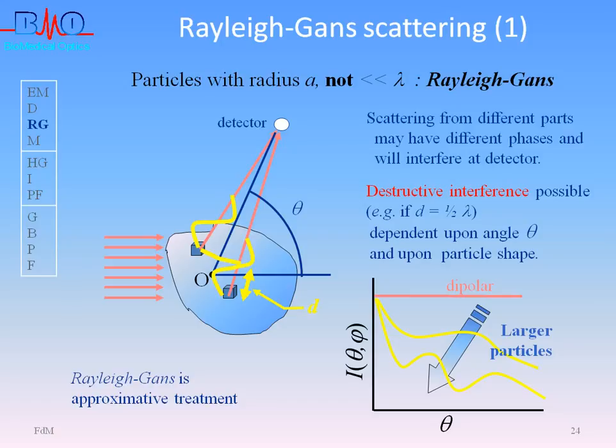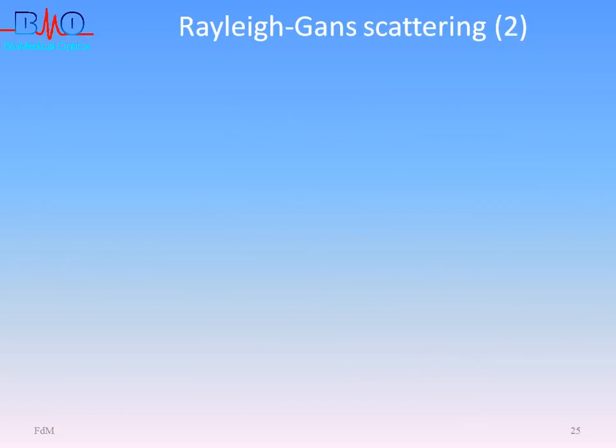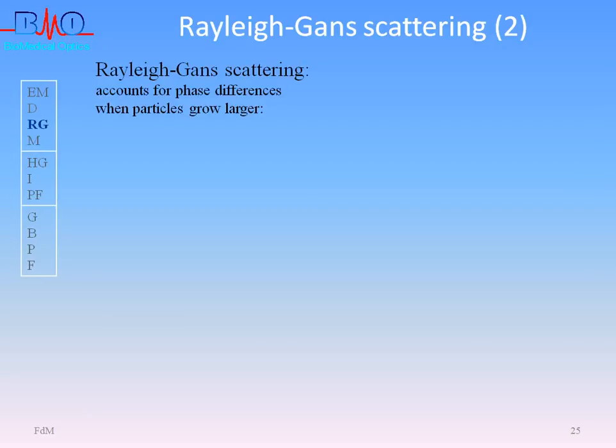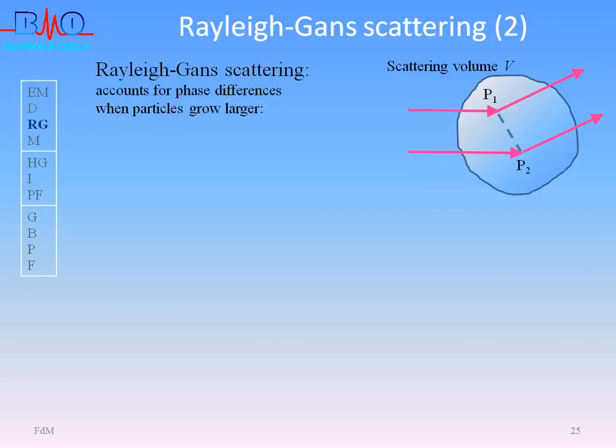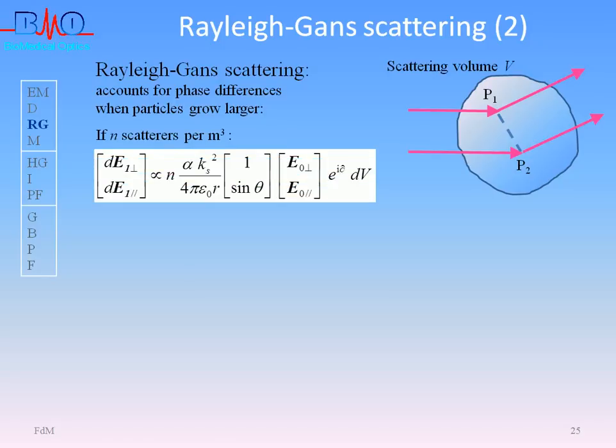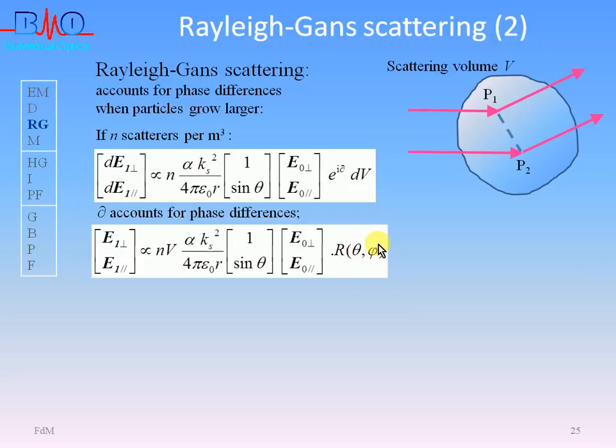And please note that Rayleigh-Gans is an approximate treatment. Rayleigh-Gans has phase differences when the particles grow larger, and when we have n scatterers per cubic meter, then we had this formula here, and now there is an extra factor, and that extra factor accounts for the phase differences, the delta, and when you integrate over the volume, that extra factor integrates to an R of theta and phi, and that R of theta and phi is seen here.